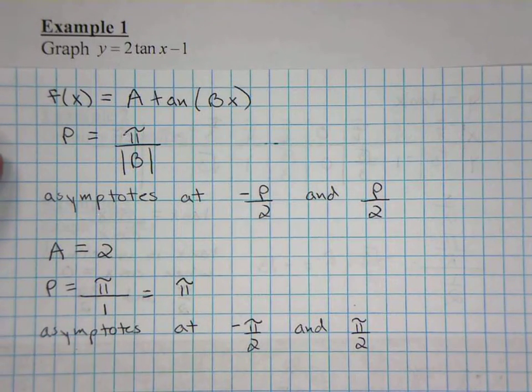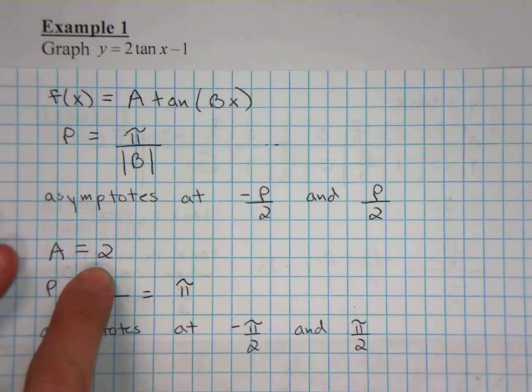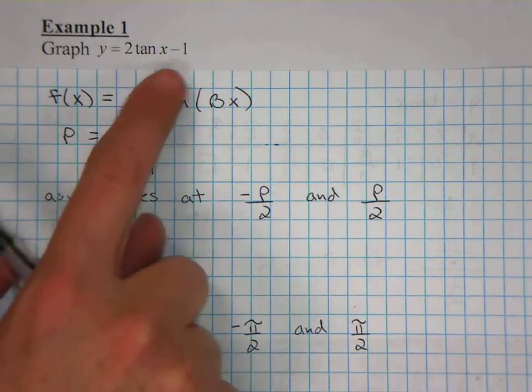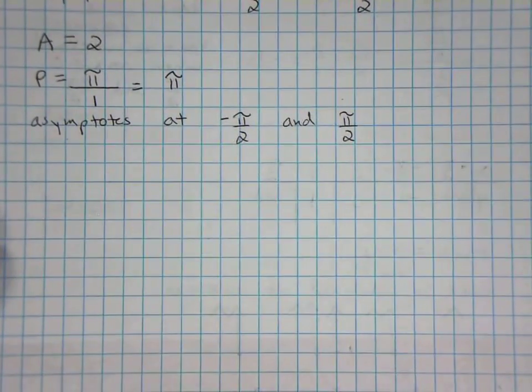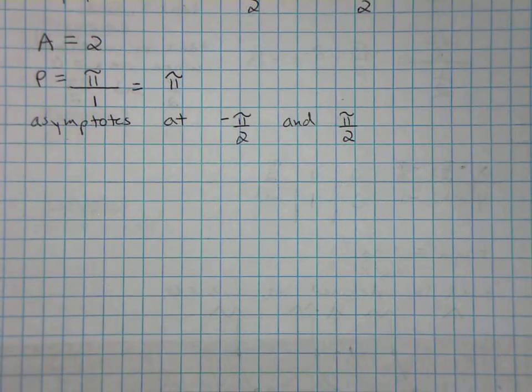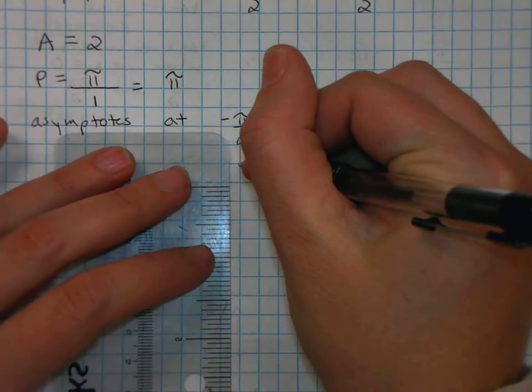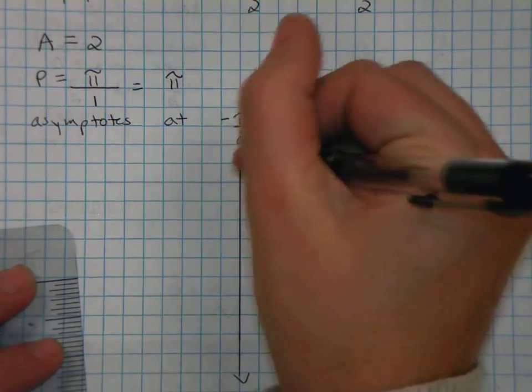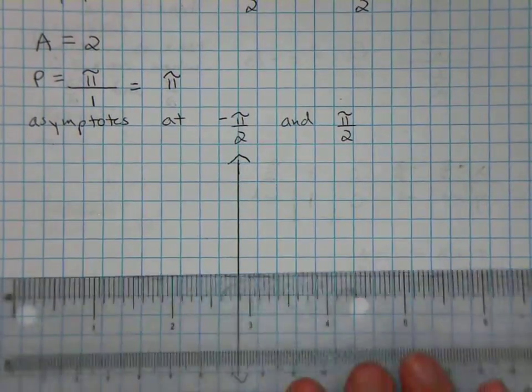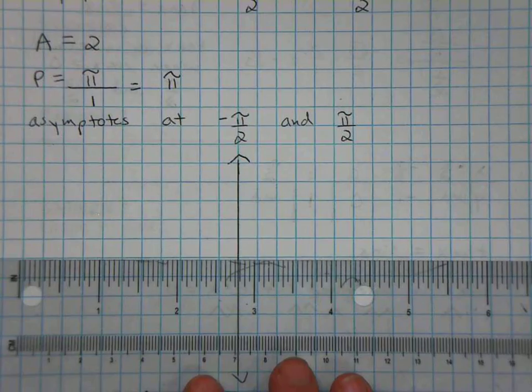So the biggest change that's going to happen to this graph from the parent graph is that the space between that middle value and the right and left points will be 2 instead of 1, and then I'm going to shift my whole graph down 1 because of that minus 1. Okay, so if I go ahead and get my graph started, I'm not going to make it mandatory that you draw parent graphs for these because I feel like you'll get the hang of it once I show you this first example.